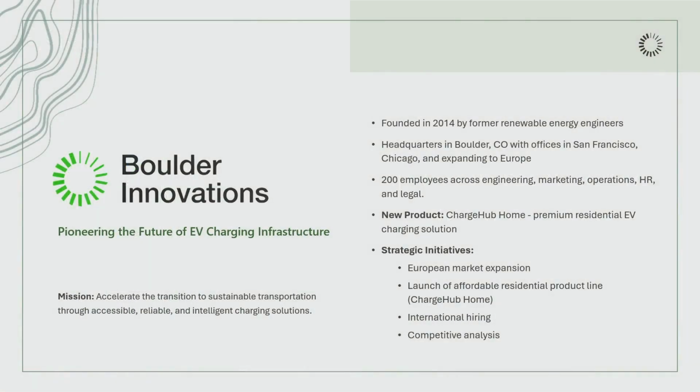Today, we'll see how this forward-thinking company is leveraging Microsoft 365 Copilot to accelerate their mission of making electric mobility accessible to all. Since 2014, Boulder Innovations has evolved from a startup to an industry leader with over 200 employees across multiple locations.